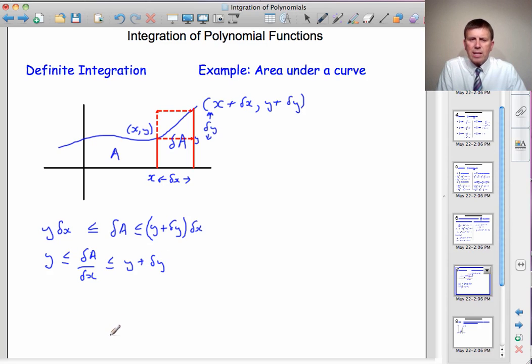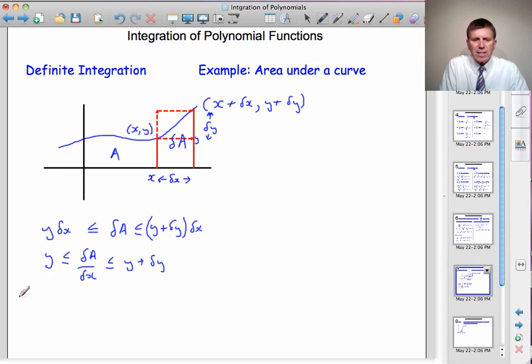And now I'm going to let delta x tend to 0, that's the kind of thing we do in calculus. Let the change get smaller and smaller till there's no change at all. So as delta x tends to 0, so will delta y, because we'll get closer to this point. And so will delta A for that matter.